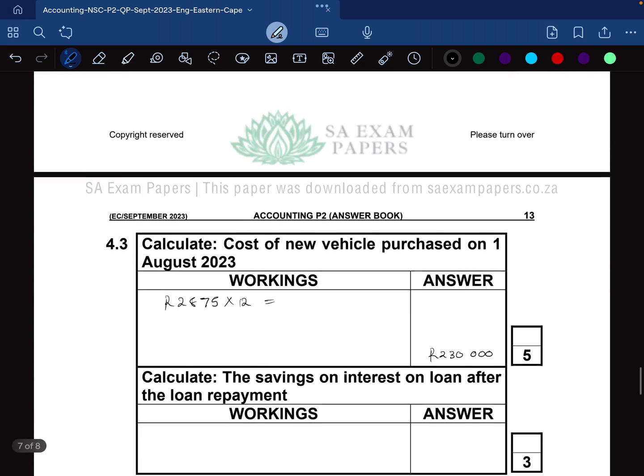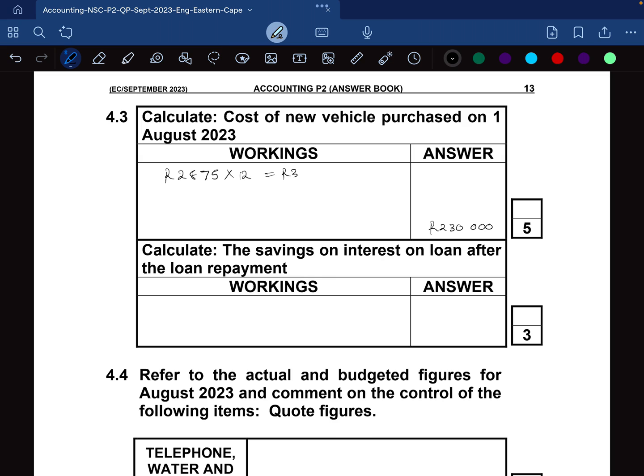Yes, so to get 34,500, then the 34,500 multiplied by 100, which is what we want, over what we know, then that will give us the 230,000. So remember, the 2875 is the difference between the depreciation amounts, and then we have our final answer there. You would need to show where you got the 2875 to obtain full marks.